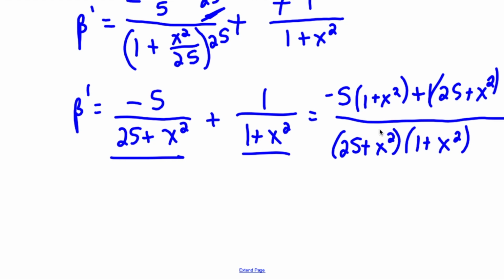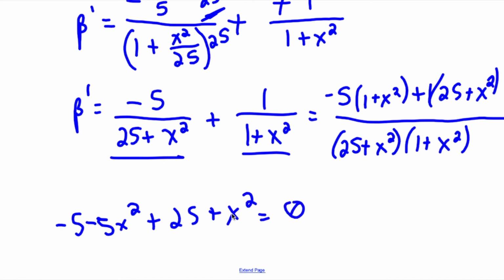Now, to optimize this, we want to take the numerator and set it equal to 0. I don't really care about the denominator. I just want to set the numerator equal to 0. So let's simplify this. Negative 5 minus 5x squared plus 25 plus x squared equals 0.